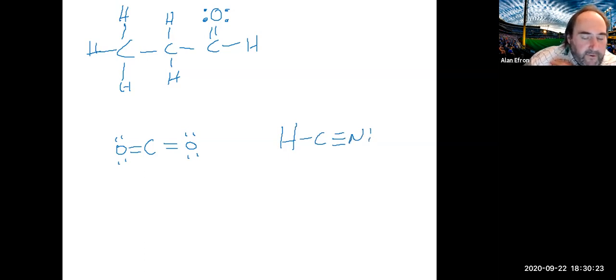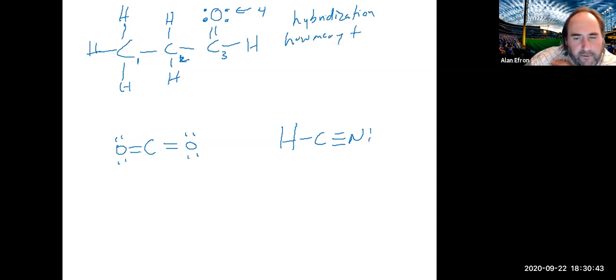So I tell you what, for each of these carbons, carbon 1, carbon 2, carbon 3, and why not, let's do this fourth guy as well. Give me the hybridization of each of those. And then also how many total sigma bonds and pi bonds are there in that molecule.